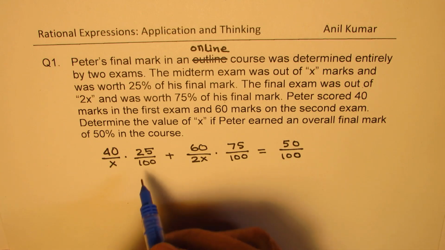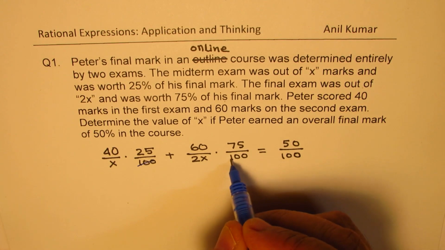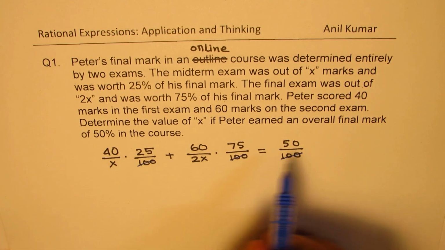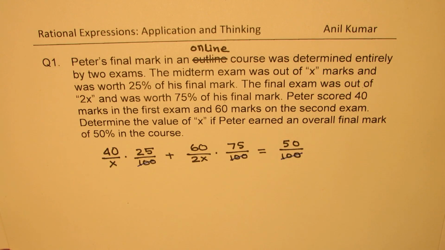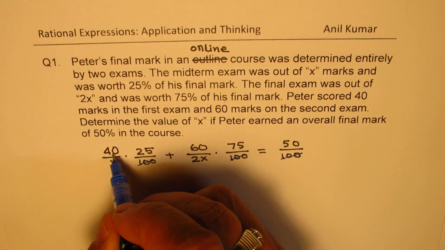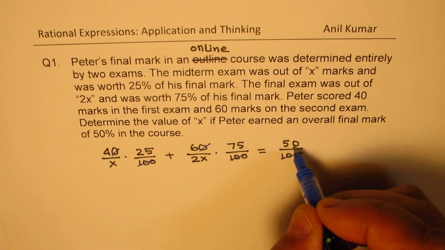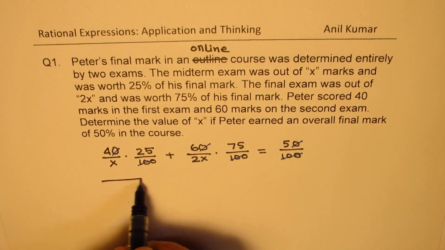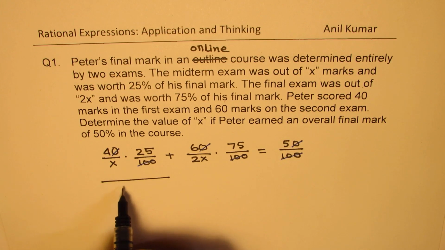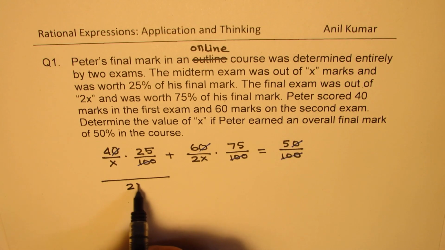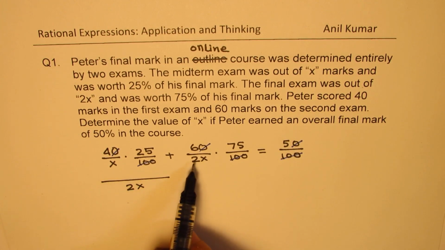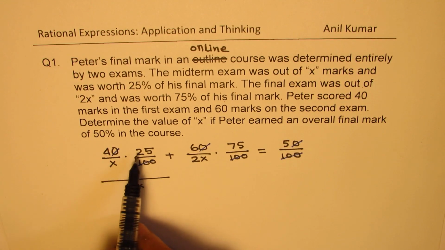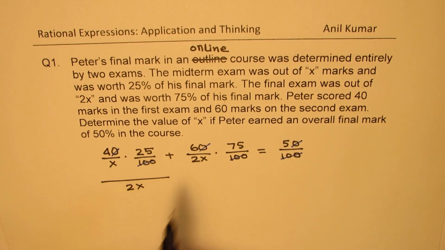So you can actually simplify this by cancelling these hundreds in the denominator, multiplying everything by 100. You will also divide everything by 10, so you can get rid of these 10s also, right? Now, we'll take common denominator of 2x. X and 2x, common denominator is 2x. So we need to multiply this by 2. 4 times 25 is 100 times 2 is 200.